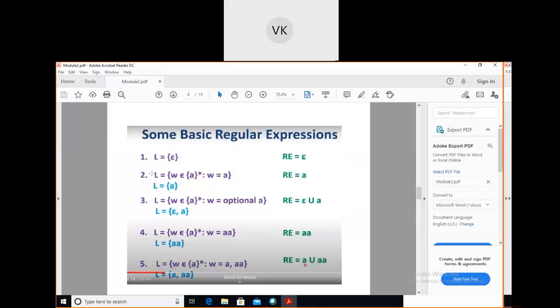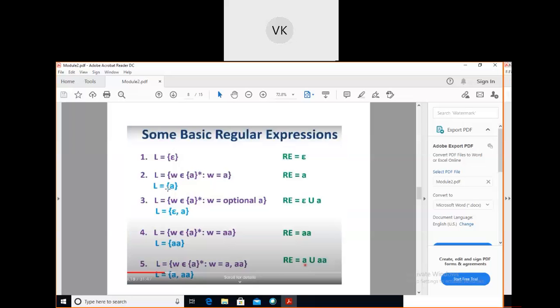Second, L is the language of a set of strings W over an alphabet, where W is equal to a. The string W has only a, so the possible string is a only.